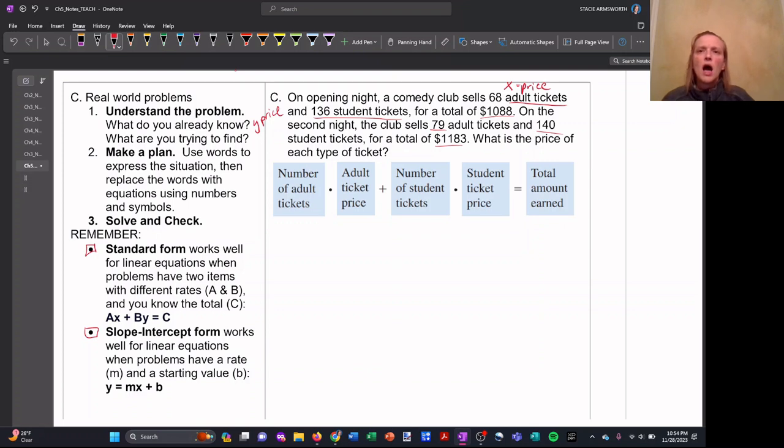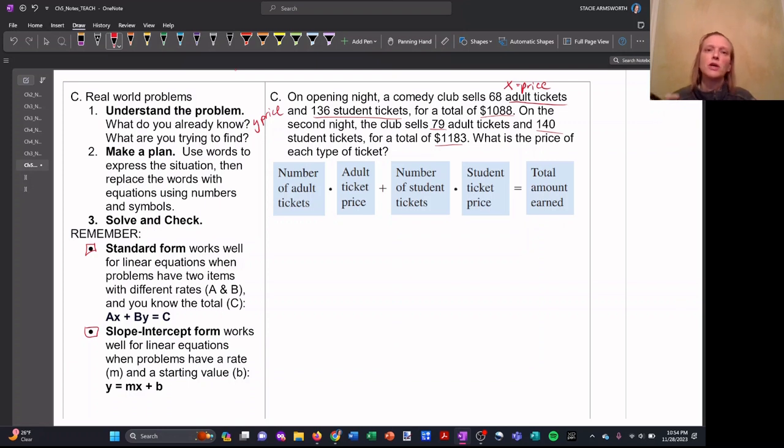So I'm missing two rates in this equation: the price per ticket for an adult, and the price per ticket for a student. Since I have two rates, the standard form is going to work well here. I'm going to have some number times x plus some number times y equals c.